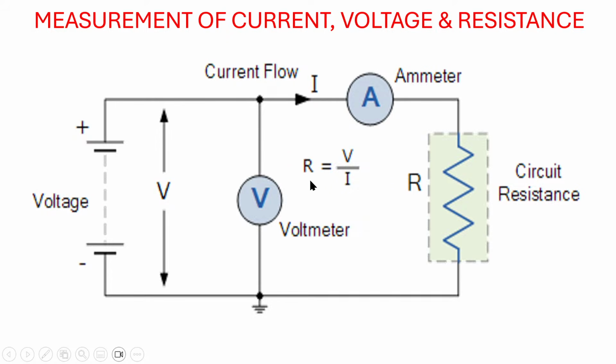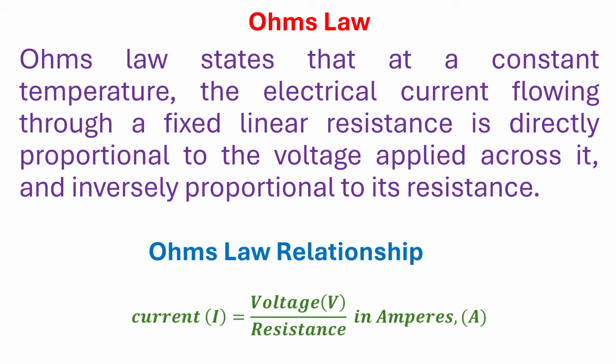So we've looked at three basic parameters: resistance, voltage, and current. In order for us to understand these three parameters better, they are governed by a law referred to as Ohm's law. What is Ohm's law? Ohm's law states that at constant temperature, the electric current flowing through a fixed linear resistance is directly proportional to the voltage applied across it and inversely proportional to its resistance.